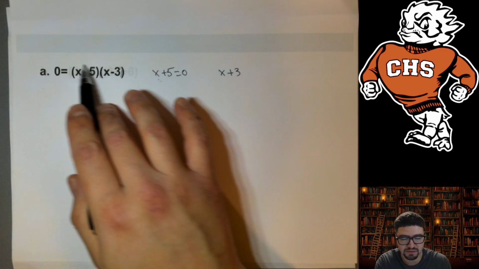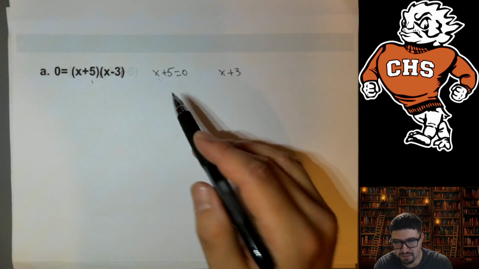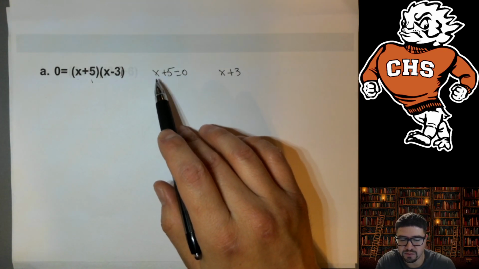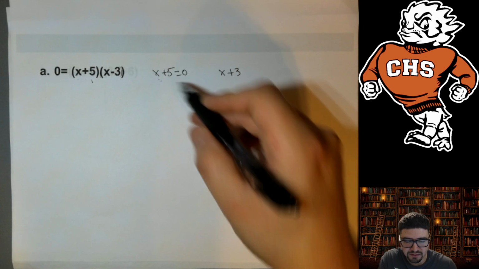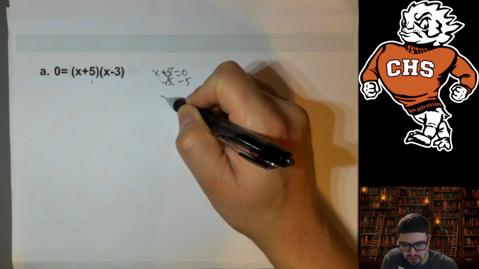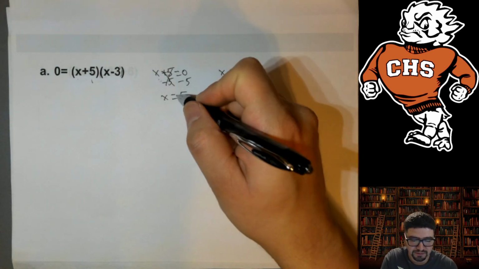This whole x plus 5, what if that was 0? So let's figure out what x has to be to make that true. Well, you can see that this is a pretty simple equation with one variable. It's linear, so all we have to do is subtract 5 from both sides, and we get x is 5. Oh, negative 5.